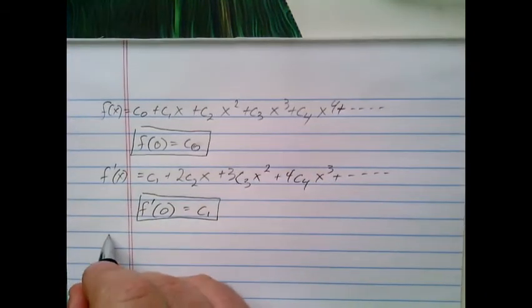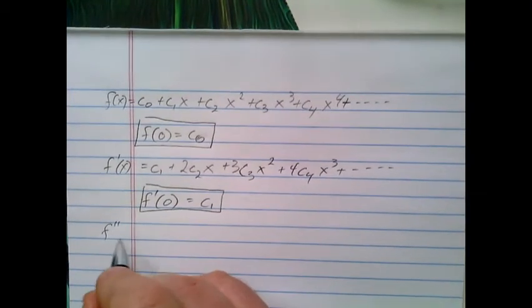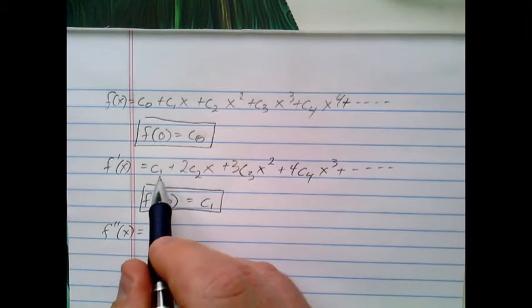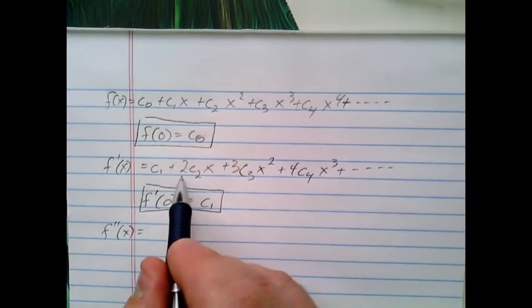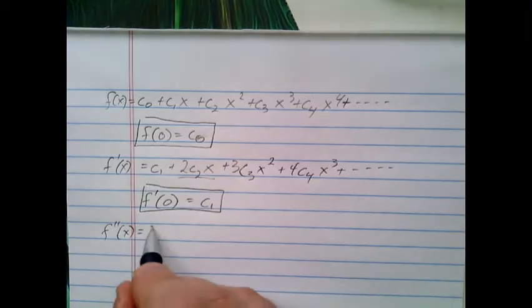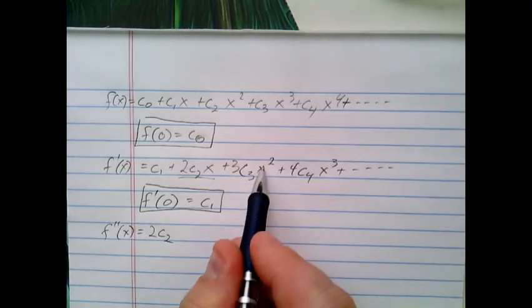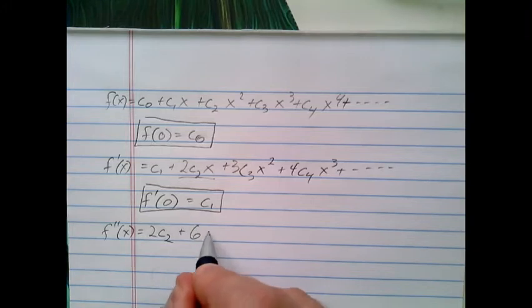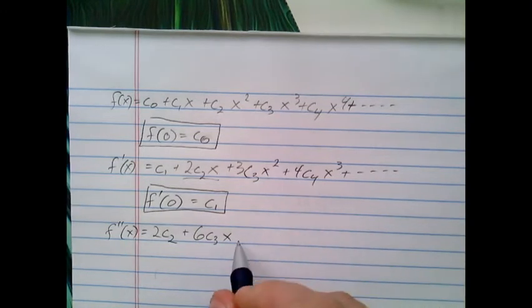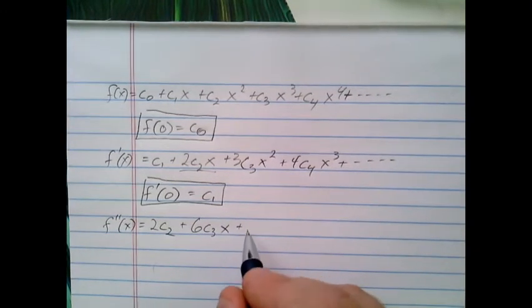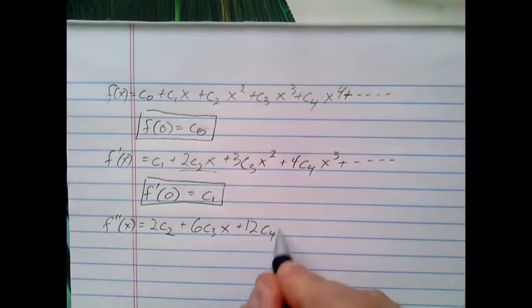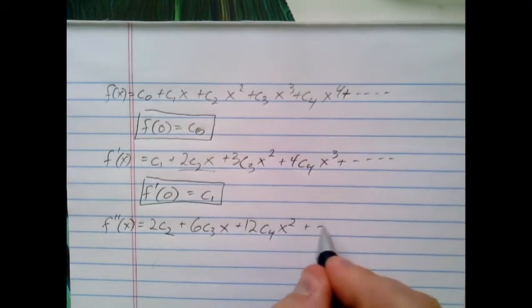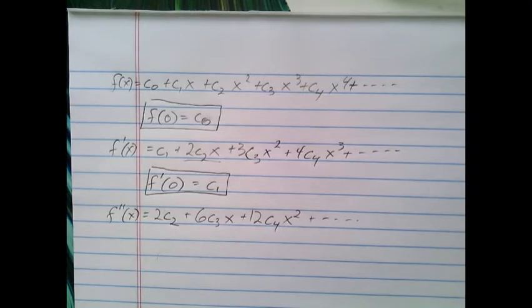Let's take another derivative, f double prime of x. When I take the second derivative, the c1 goes away. This term becomes just a constant. In this term, I've got to bring that 2 down. So now I have 6c3x, and I've got 12c4x squared, and so on.